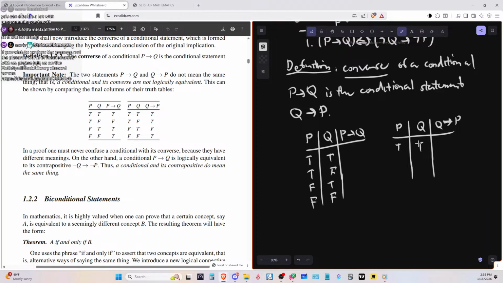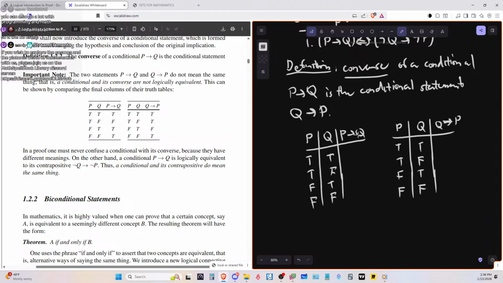We'll do it the same way on this side. Okay, so let's try to figure this out on our own, so that we can solidify how this works.